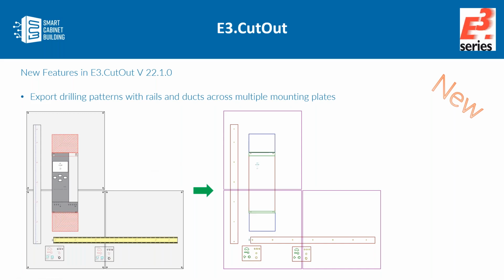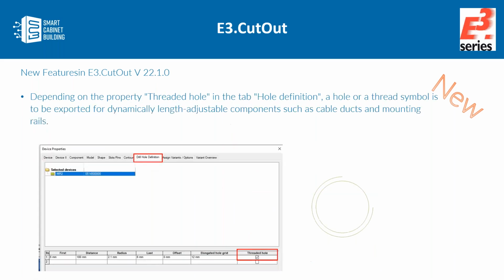So this is new, and as well it's new that we now have full support of the threaded hole definition for dynamically length adjustable components like mounting rails and cable ducts.